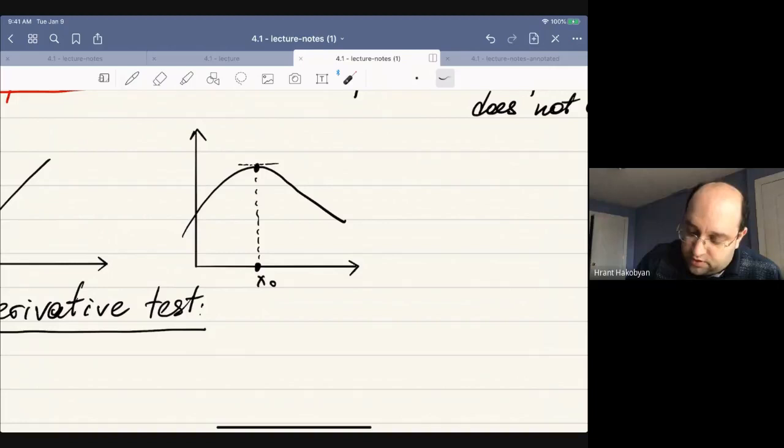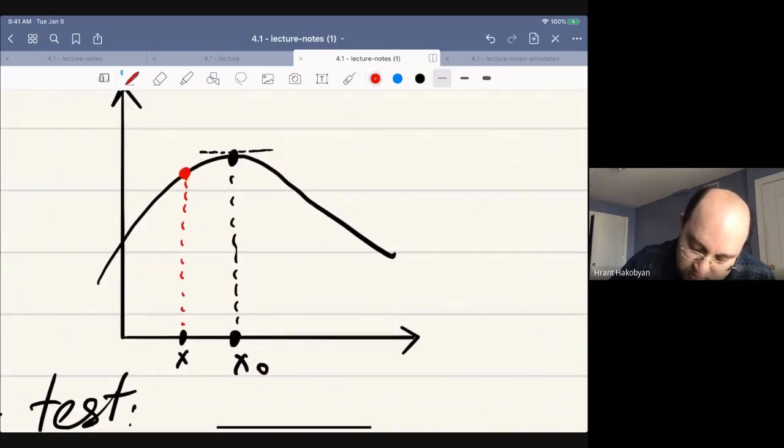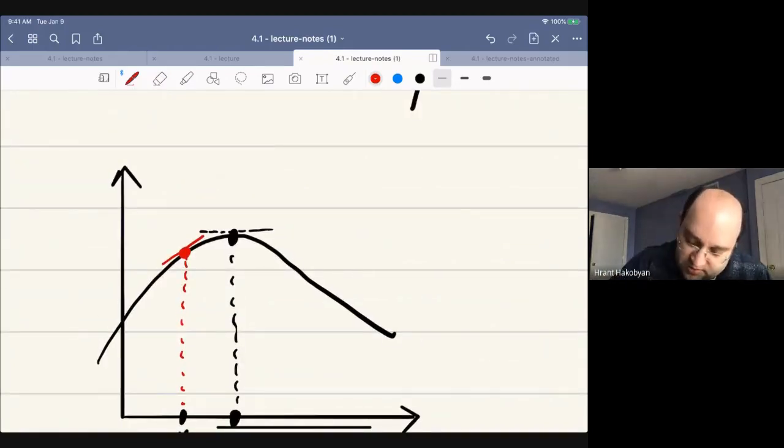Now let's take a point to the left of x naught, this point here, x. What can I say about the derivative at that point? The derivative is the slope of the tangent line, and the tangent line looks like this. It means that f prime at x is positive, that's what it means from the picture.